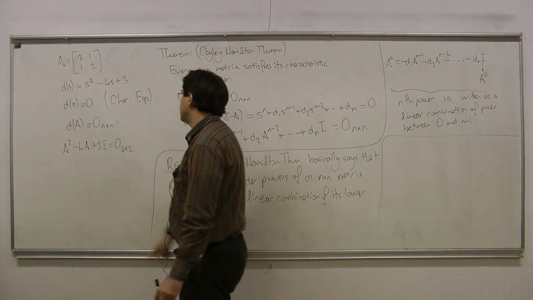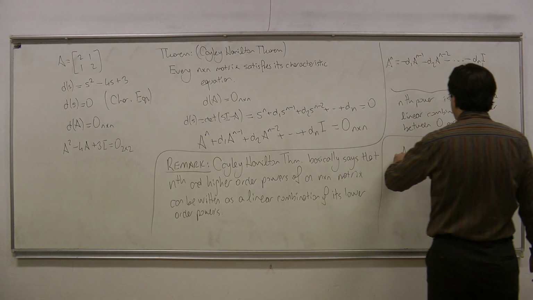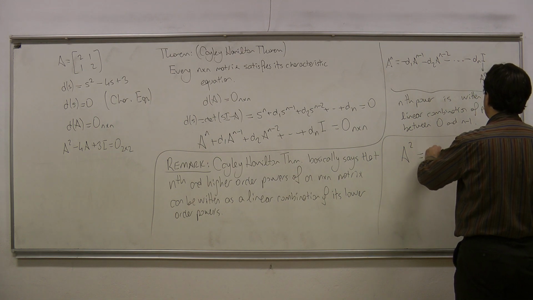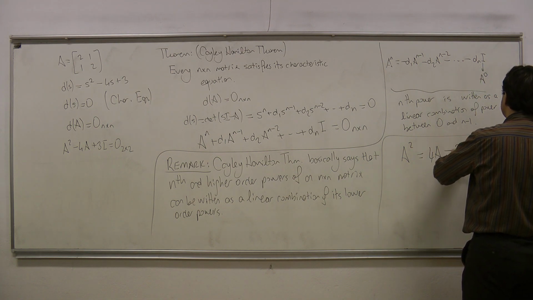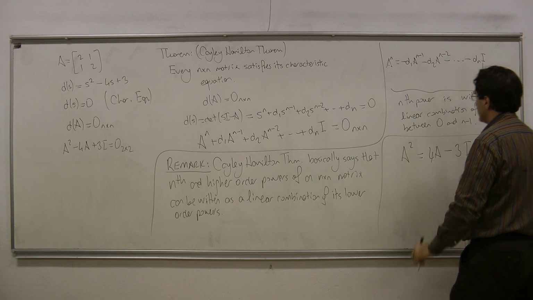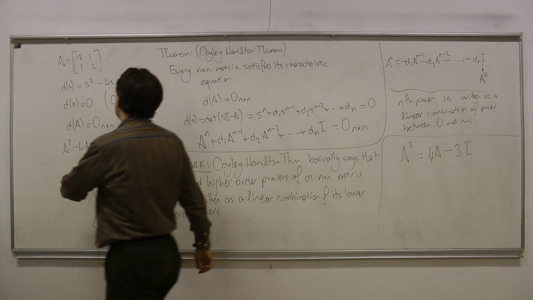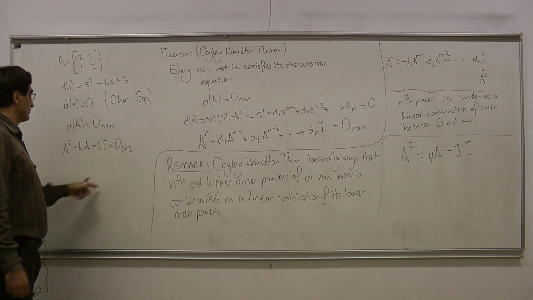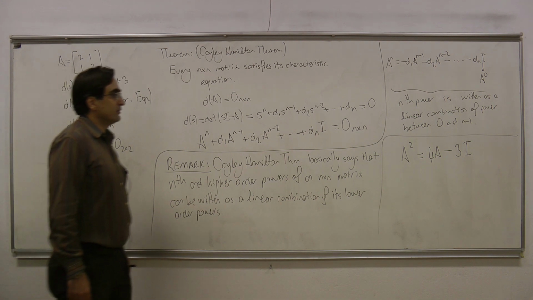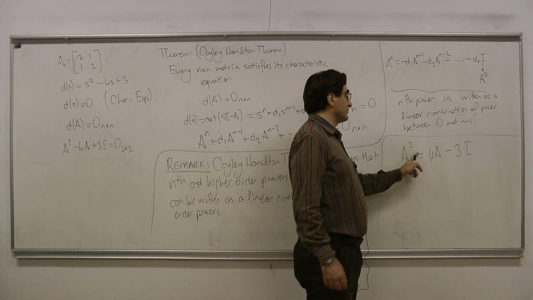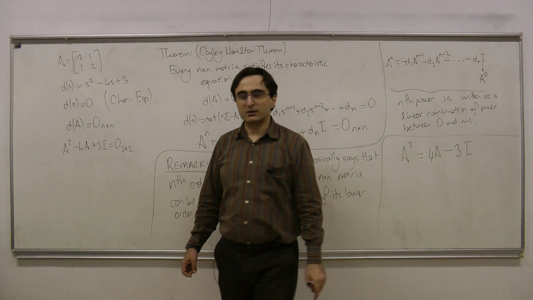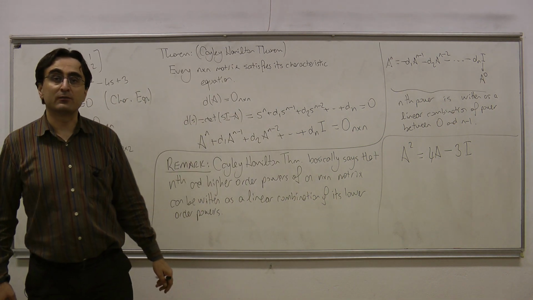So that means that the second power of the matrix, A squared, can be written as a linear combination of the earlier powers, 4A minus 3 identity. This is told to me by the Cayley-Hamilton theorem, because this equation holds. So I can write the second power of the matrix as a linear combination of its zeroth power and its first power, which is the matrix itself.